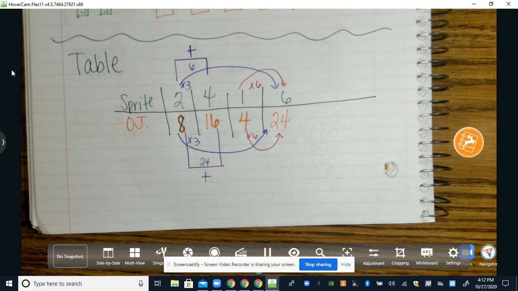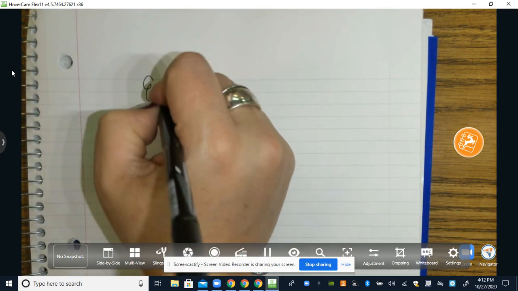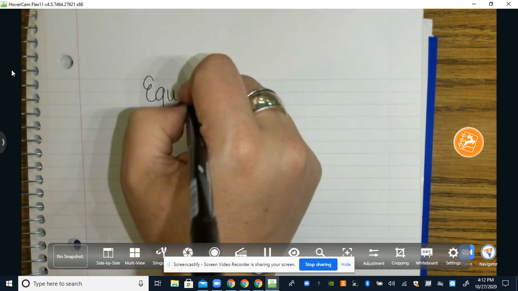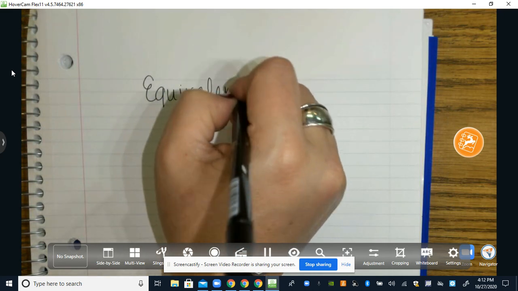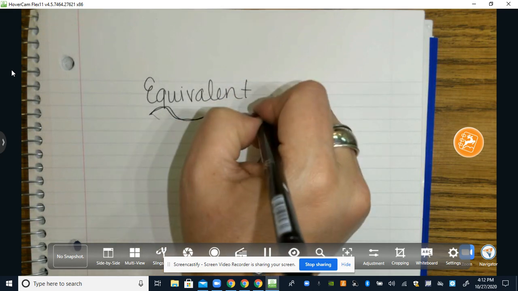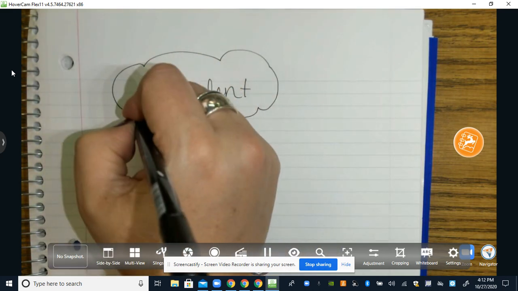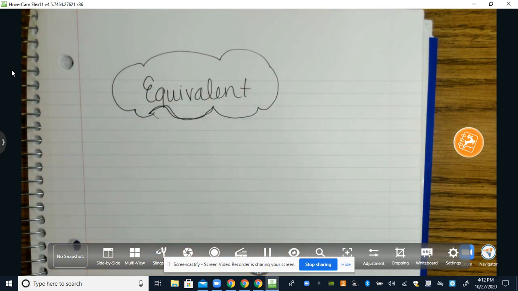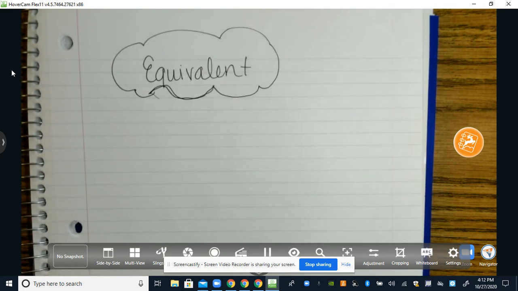Okay, let's turn our page over. So we've got 2 more. And on this side, we're going to set it up as being equivalent. I do a bubble around it. Now, when we set it up as equivalent, you're going to have 2 vertical lines.